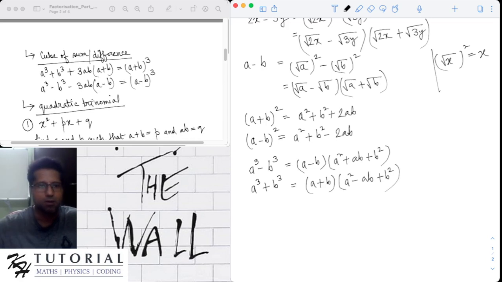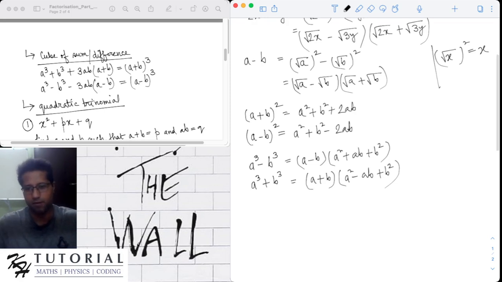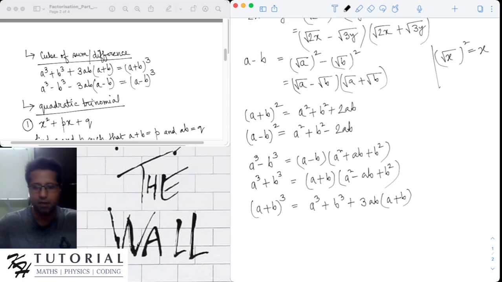The next is cube of sum and difference. For example, if you are given a plus b whole cube, this is what I mean by cube of sum. This also we know is an identity: it is equal to a cube plus b cube plus 3ab multiplied by a plus b. So a plus b whole cube is the factorization of the polynomial a cube plus b cube plus 3ab into a plus b.